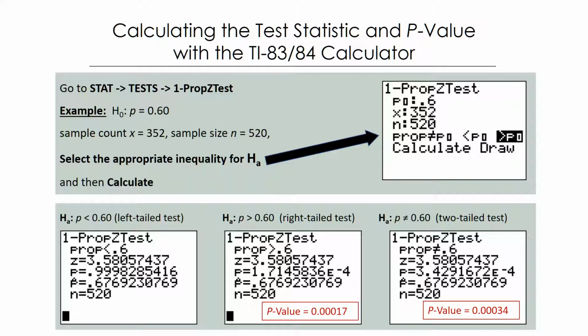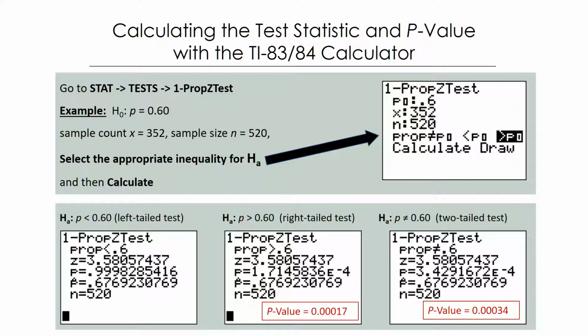The easiest way to find these calculations is with the TI-83/84 calculator. If you go to Stat and then Tests, you can find 1-PropZTest. I believe it's option 5. For example, if our null hypothesis is that p is equal to 0.60, that's what we put in for p sub 0.